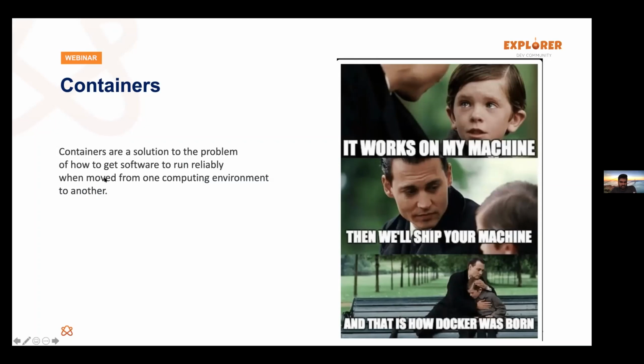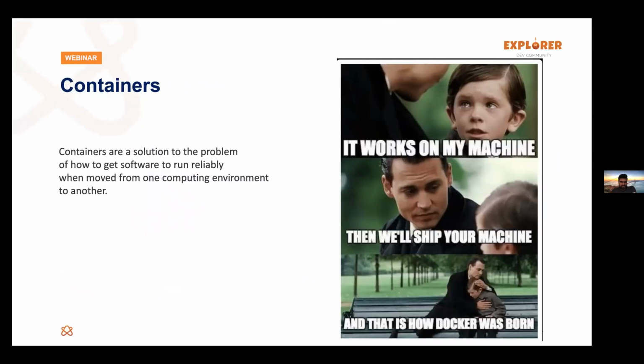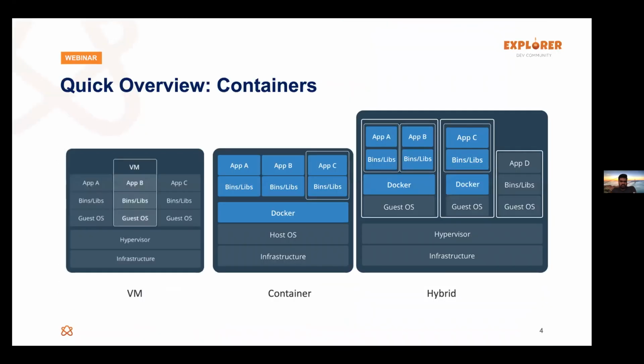As you can see in the description here, containers are a solution to the problem of how to get software to run reliably when moved from one computing environment to another. In a single computer, we should be able to run all of these microservices without a problem. I think the next slide explains this scenario.